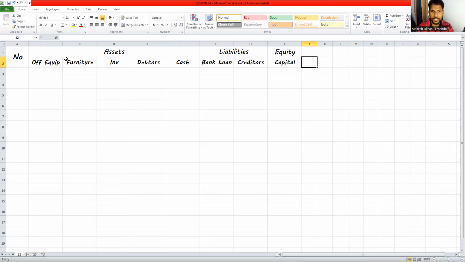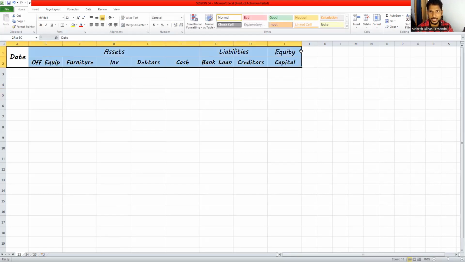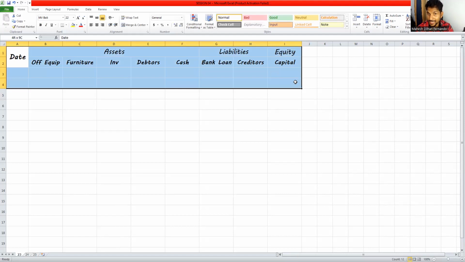Again, this time they have given the date. How many days are there? 1, 2, 3, 4, 5, 6, 7, 8, 9, 10, 11, 12. So there are 12 transactions, and we have to get the closing balance as well.